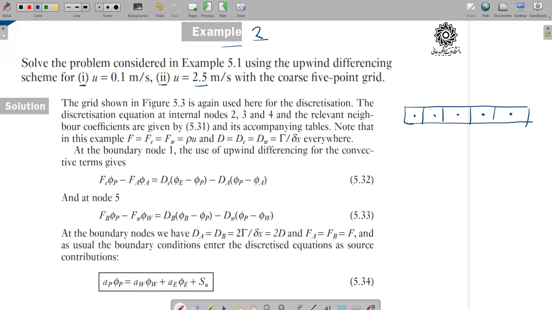Solution. The grid shown in Fig 3 is again used here for the discretization. This is the discretization of this example.